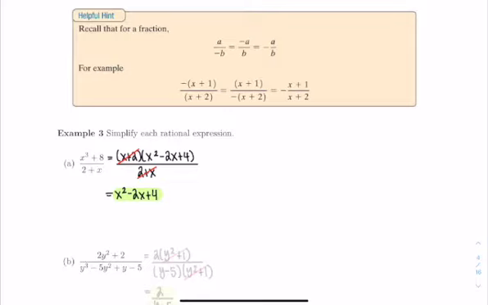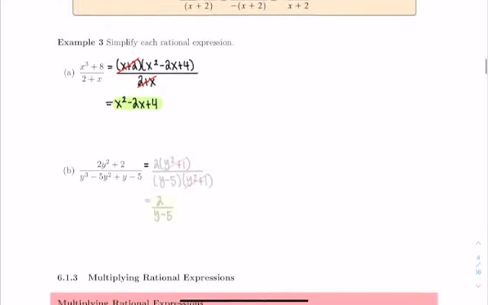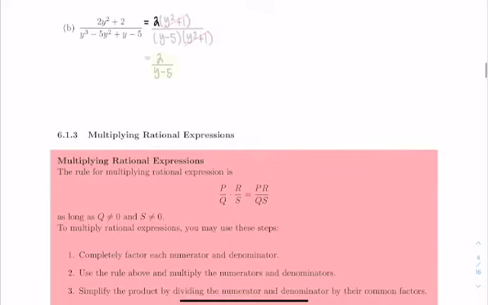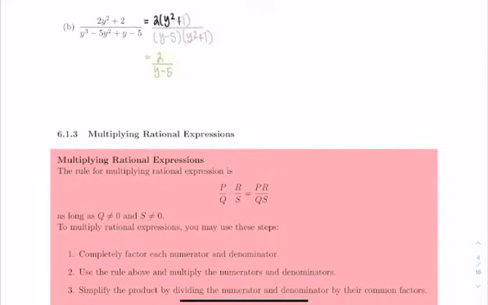Let's try one more. 2y squared plus 2 over y cubed minus 5y squared plus y minus 5. So on the top, we can factor out the GCF of 2, and we are left with y squared plus 1. And on the bottom, we're going to utilize factoring by grouping because we have 4 terms.